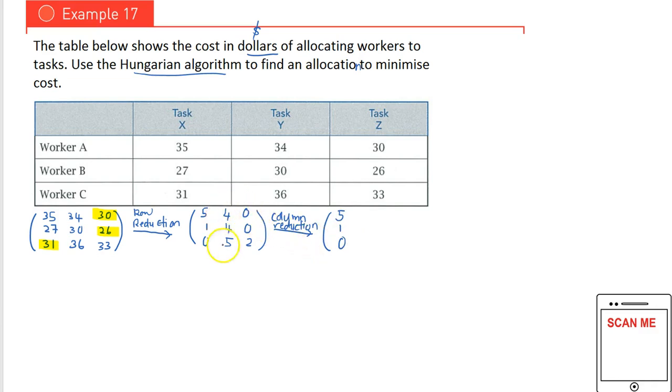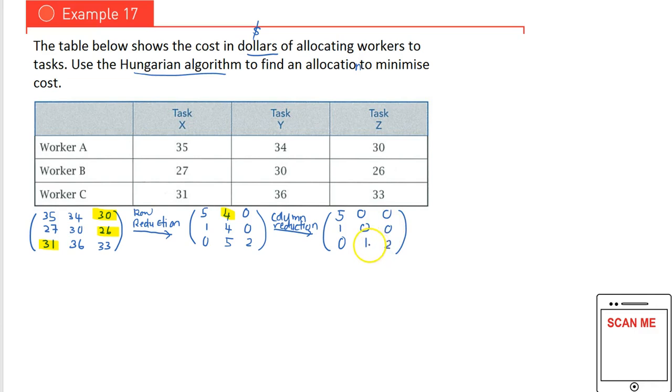Second column, do you have any 0? No. So you need to perform column reduction. Choose the smallest value, 4. 4 minus 4 is 0, 0, 1. And the last column, you have a 0 already, so no need to perform column reduction. So 0, 0, 2.